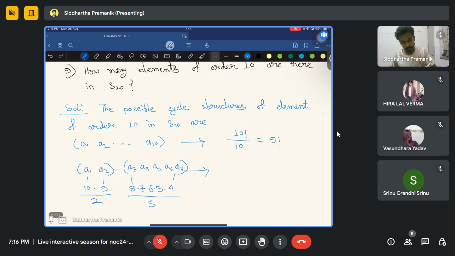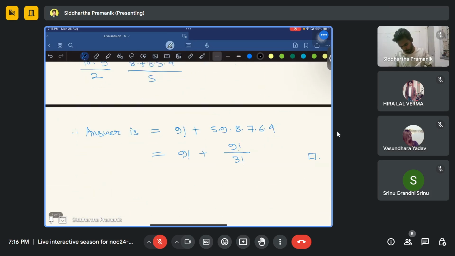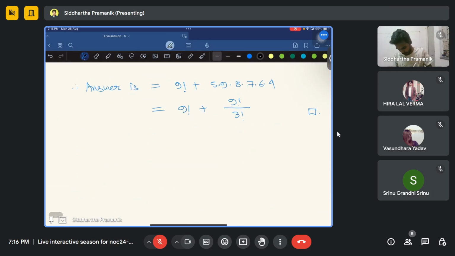Okay, so then let's move on to another problem. This is question number 10. This is a different problem, but it's interesting.